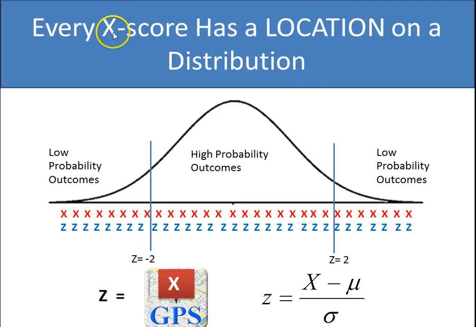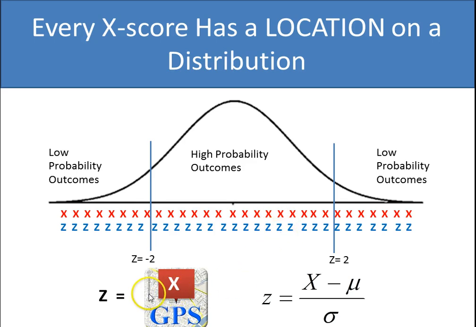So perhaps you remember in the last unit when we were working with z-scores that the distribution would have a bunch of x-scores in it, and that each x-score would have a specific location, and the location of any x-score is provided by a z-score.